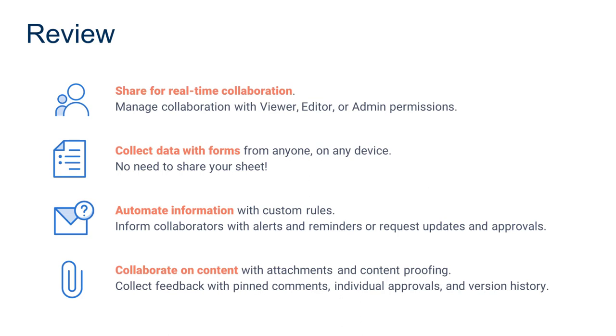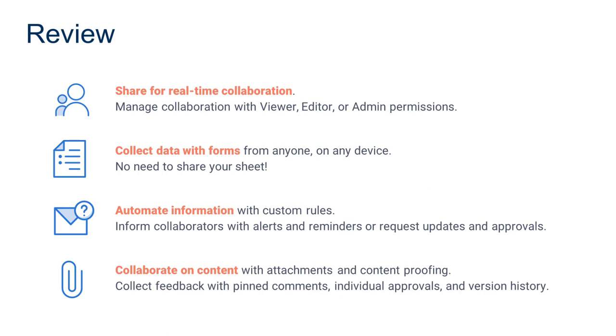To start at the very top, you're going to be sharing your sheets, reports, and dashboards directly with others, providing them with real-time access as the most common method of collaboration. The other methods that we looked at allow you to be much more granular with how you collaborate.